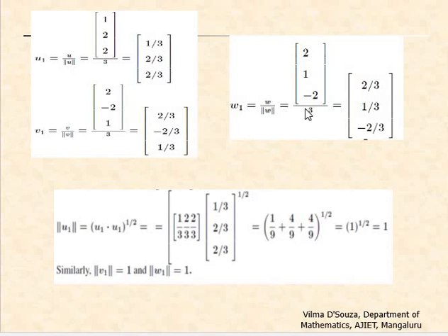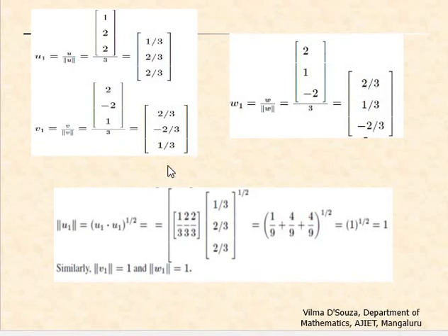Length of w1: the root of 4/9 plus 1/9 plus 4/9, that is again equal to 1. So what can you say here? u1, v1 and w1 are an orthonormal set of vectors.